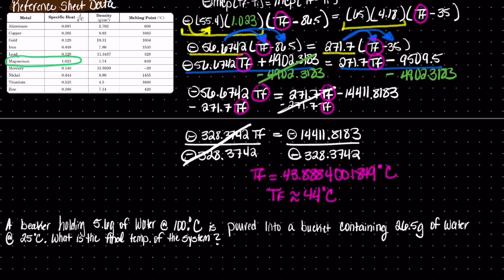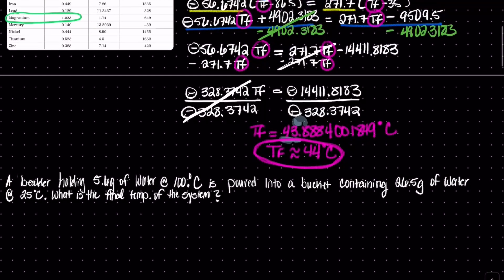Hence those 2 sig figs here being 1 and 2. That rounds that up, giving us a final temperature of 44 degrees Celsius. And that's how you address that one.